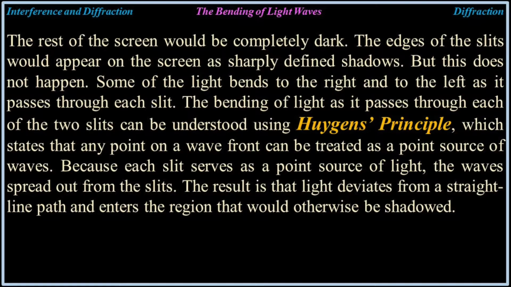Because each slit serves as a point source of light, the waves spread out from the slits. The result is that light deviates from a straight line path and enters the region that would otherwise be shadowed.